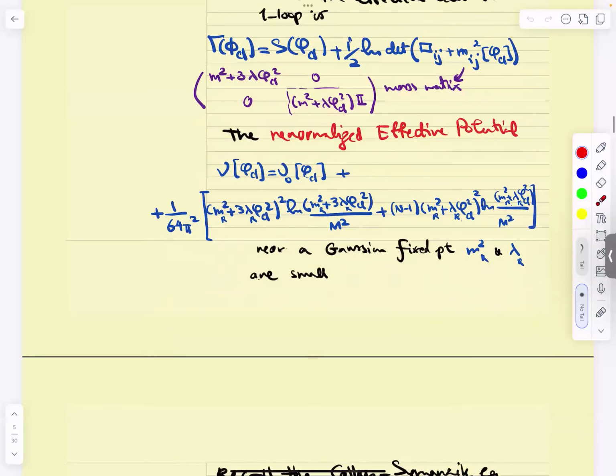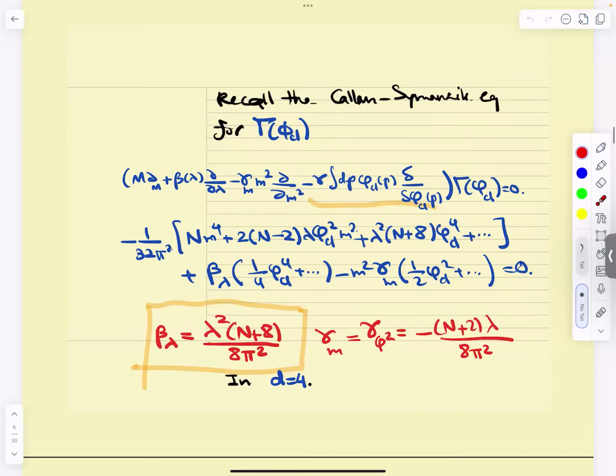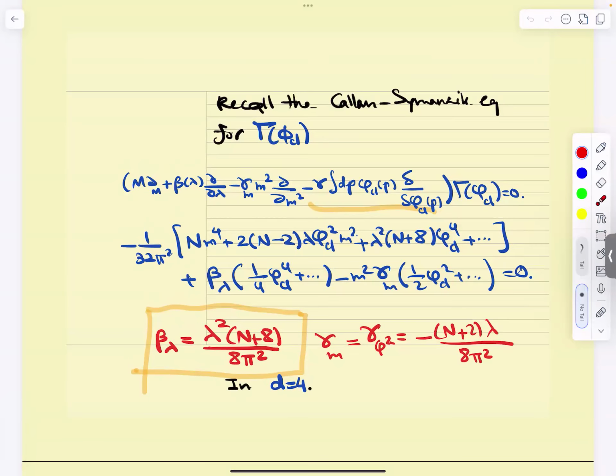So this is the effective action. Around the Gaussian fixed point, these two variables are small because we treat the mass like other couplings. This is a relevant coupling, and this is the marginal coupling. Once we calculate the one loop effective action, we look at the Callan-Symanzik equation for the effective action.